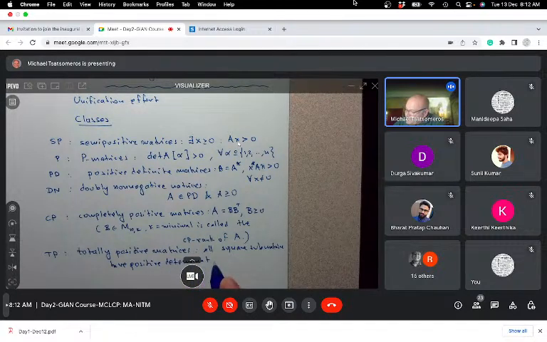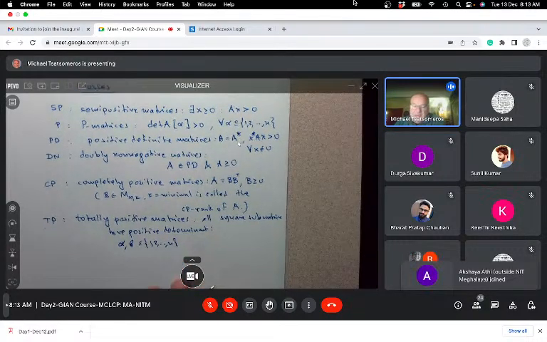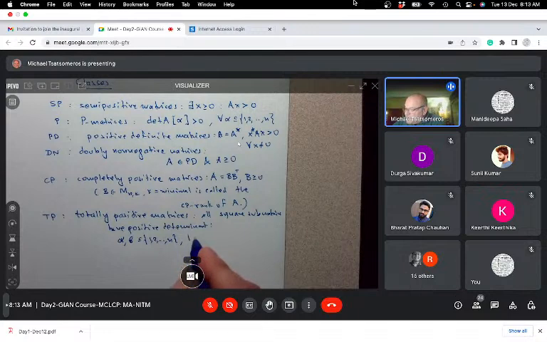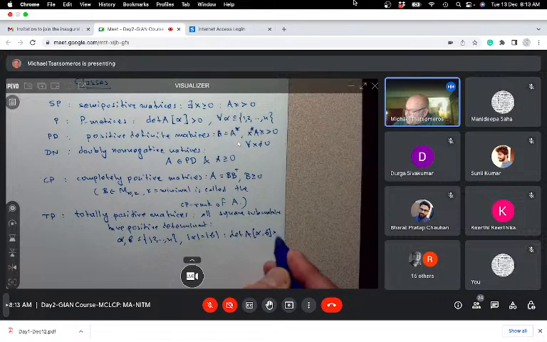Let me write it mathematically. If you have alpha and beta, subsets of 1, 2, up to n, and the cardinality of alpha is equal to the cardinality of beta, then the determinant of A alpha beta is positive.